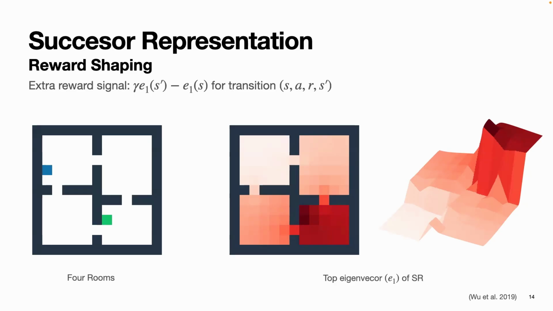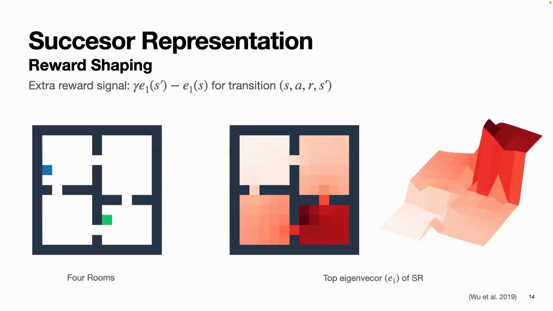Oh, yeah. So the question was, in standard RL, how do you learn this successor representation? And if you can learn it using temporal difference learning, why couldn't you just learn the optimal policy at the same time? Yeah, so in this particular setting of reward shaping, people usually assume that you have prior access to the eigenvector of the successor representation.